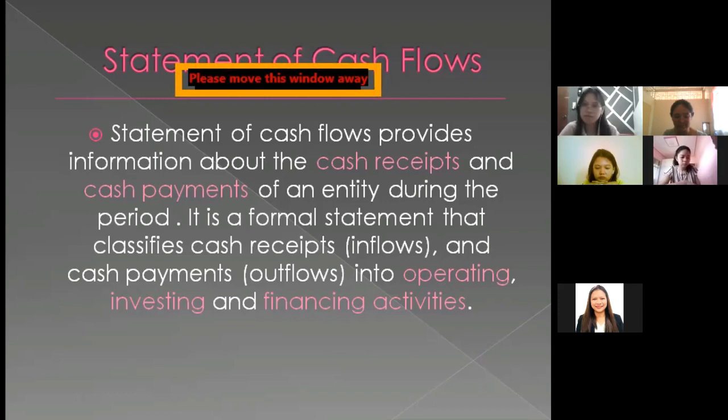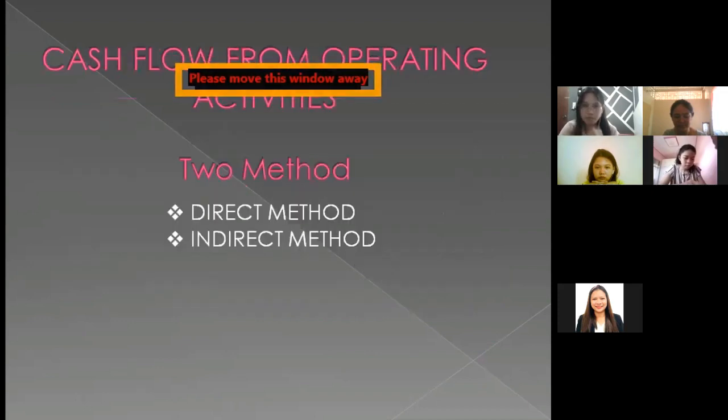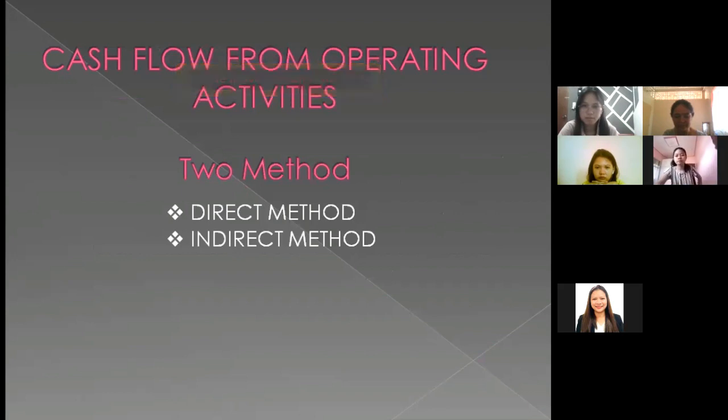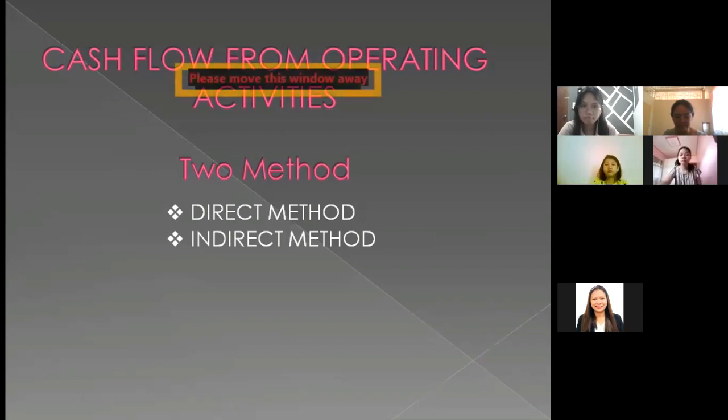So, paano ba natin malalaman kung operating, investing, at financing siya? Dito muna tayo sa cash flow from operating activities. So, cash flow from operating activities generally involve providing services and producing and delivering goods.